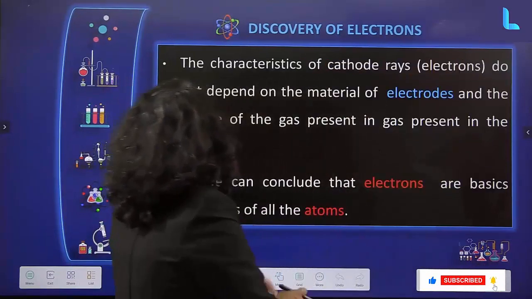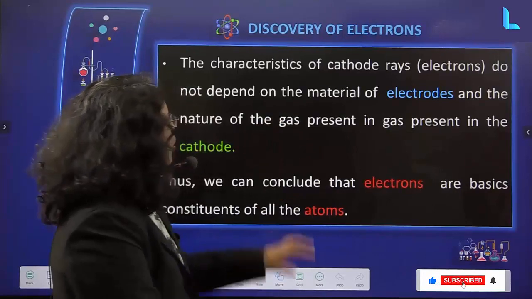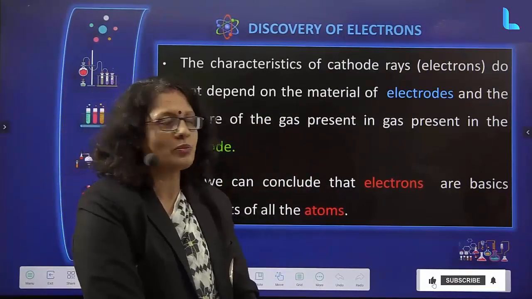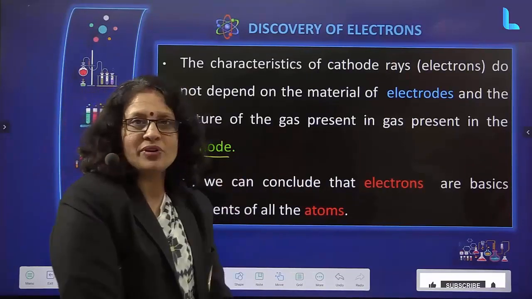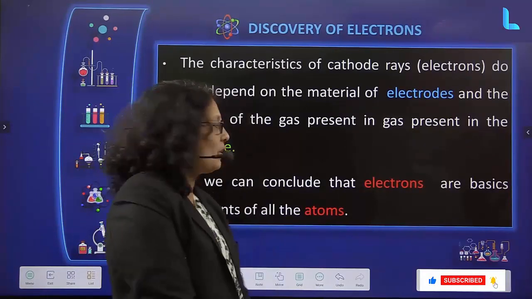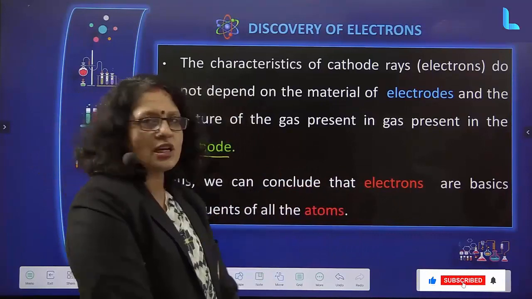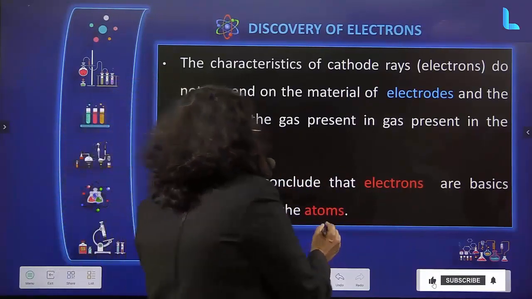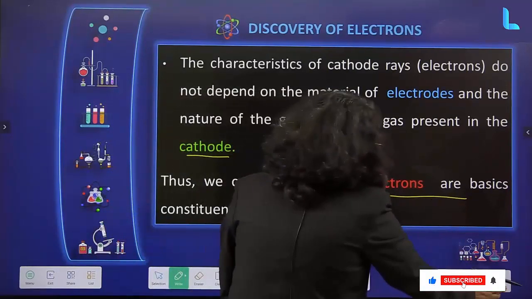The characteristics of cathode rays or electrons do not depend on the material of the electrodes and the nature of the gas present in the cathode. What kind of gas is present or what its mass is, it does not depend on that. So we can conclude that electrons are the basic constituents of atoms, okay.